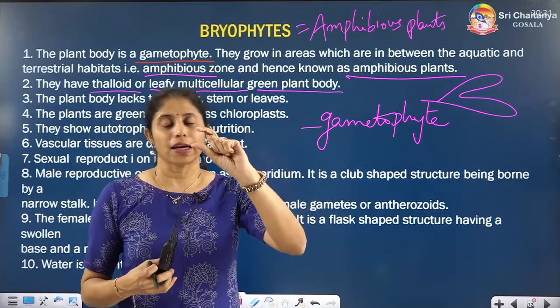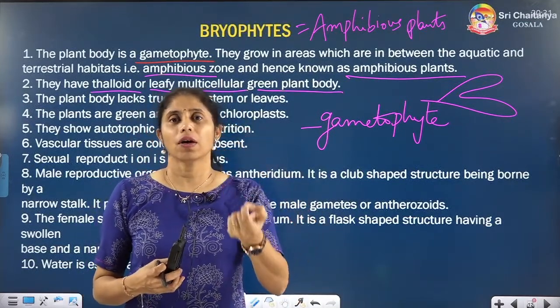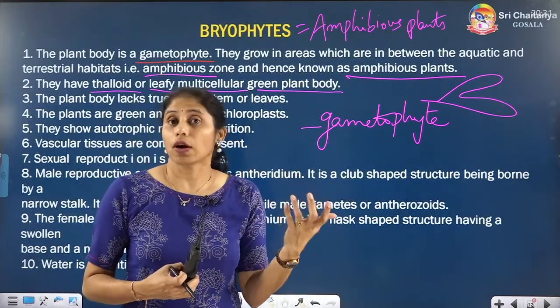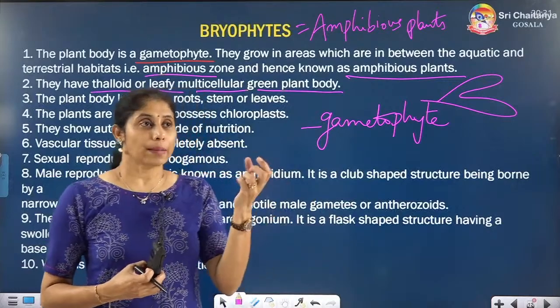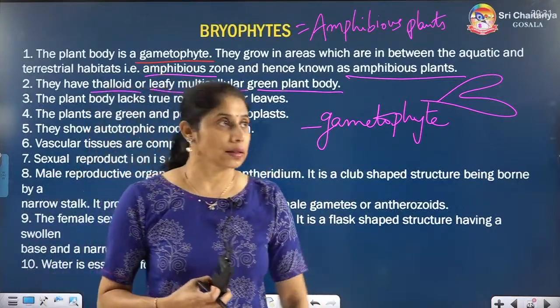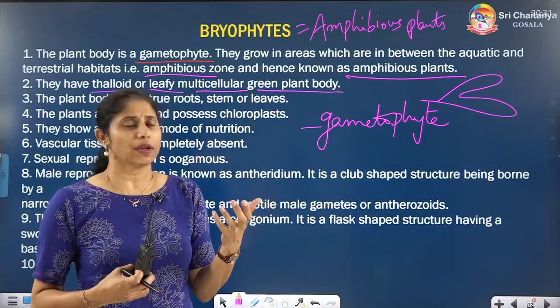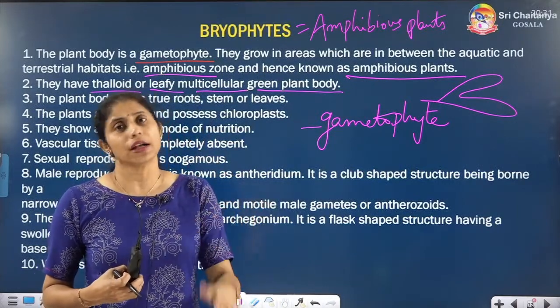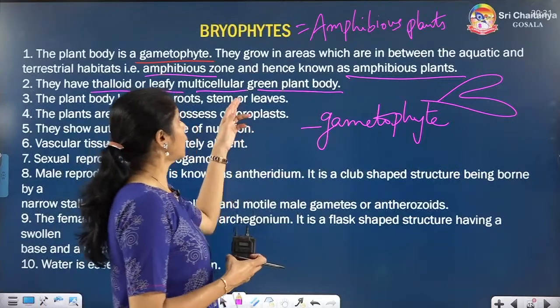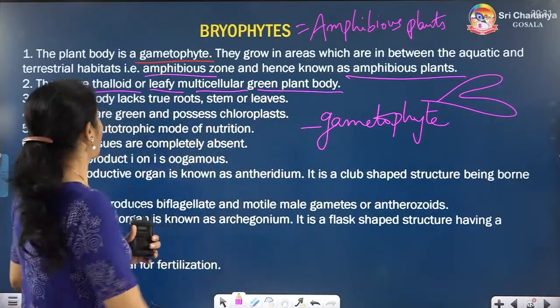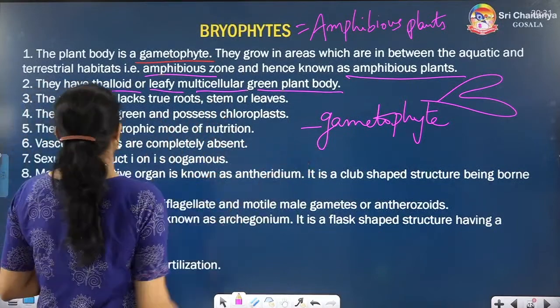It looks like an actual plant, but they are not called roots, stems and leaves. Roots are called rhizoids. A stem-like thing is called the main axis. Leaf-like things are called phylloids. So different names are there because they don't have actual root, stem and leaf structures. So that is the leafy multicellular green plant body, and that plant body is called the gametophyte.